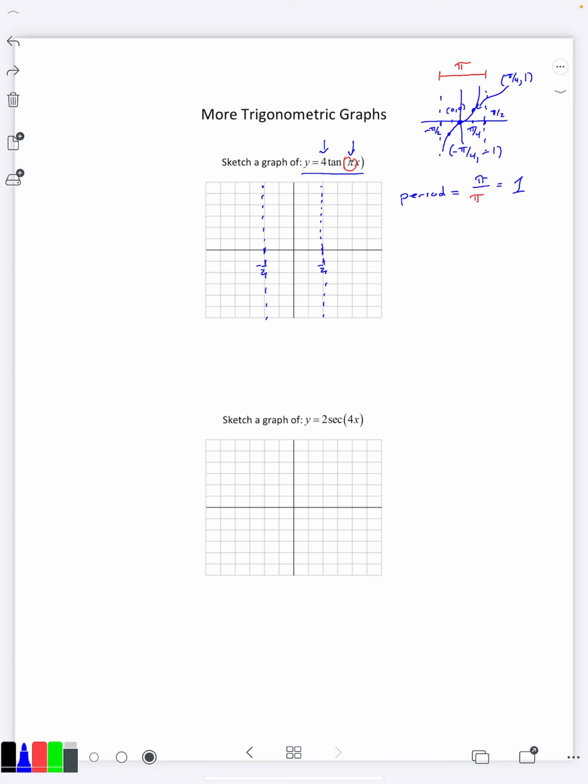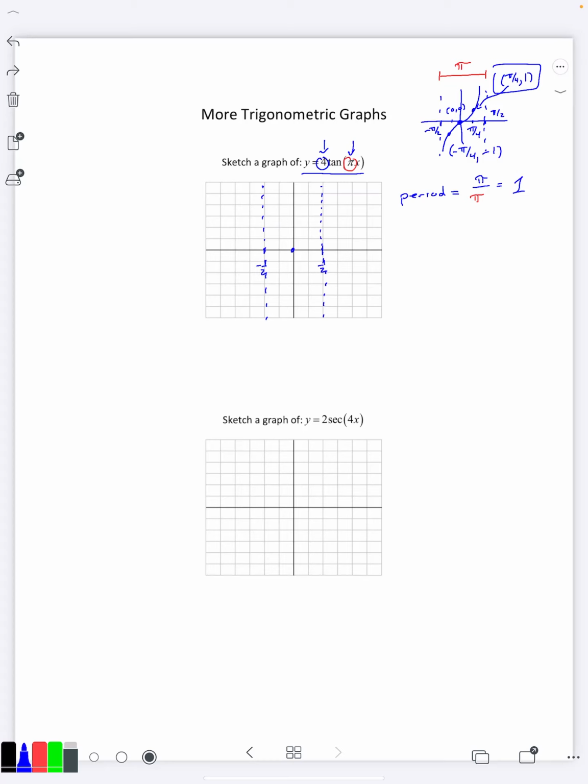So what you want to do on your graph over here is mark your middle point, the x-intercept here. That one's not going to change by this number 4. It's not going to affect 0 because 4 times 0 is still 0. But it is going to affect the next one. So normally the tangent graph has a value of 1 at pi over 4. So when we multiply by 4, it's going to have a value of 4.